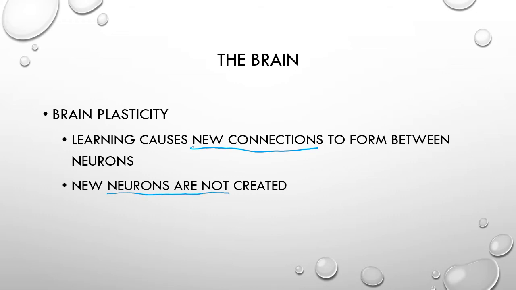New neurons are not formed in the adult brain, and even in the child brain, once the number of neurons is set, for the most part, new neurons are not being created, simply new connections. And so we're wiring new processes together. If a piece of information is coming in, it's going to essentially change who it talks to.